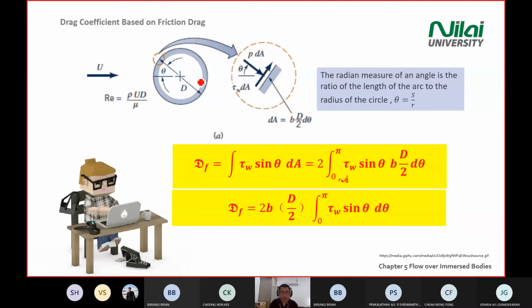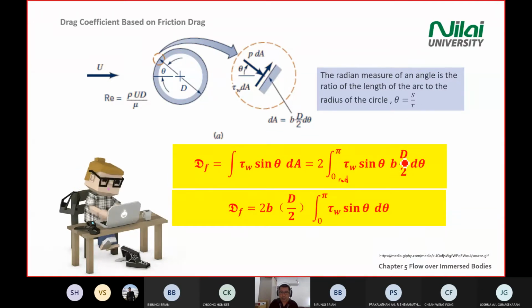We are only looking at up to 180 degrees because the other half is symmetrical. So we look at only up to pi radian. Then we change our dA into d divided by 2 d theta. I already explained how to find this just now using the relationship of circumference, radius, and theta. So you convert dA into this term.